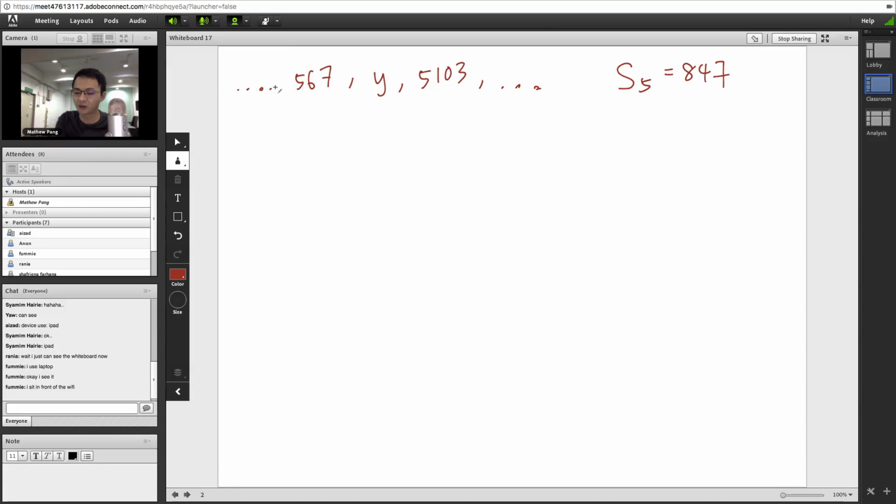So what does the dot dot dot here mean? It means these 3 terms are somewhere in the middle. It's not starting from the beginning and not starting from the end. Maybe this is the 9th term, 10th term, or 11th term. We do not know that. But in order to find the ratio, we can use the second term divided by the first term equals the third term over the second term.